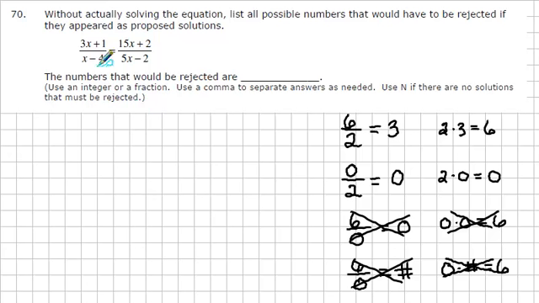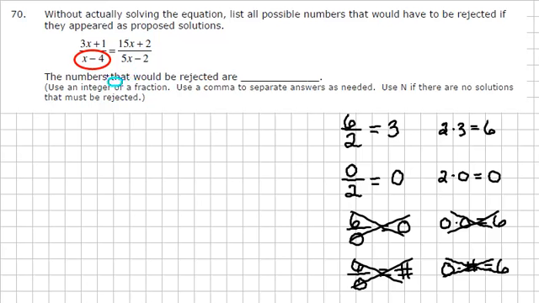So let's take a look at our first rational expression, 3x plus 1 over x minus 4. We want to think of the value of x that would cause division by 0. So I'm putting a 0 on the bottom.